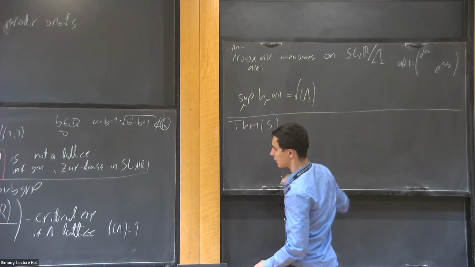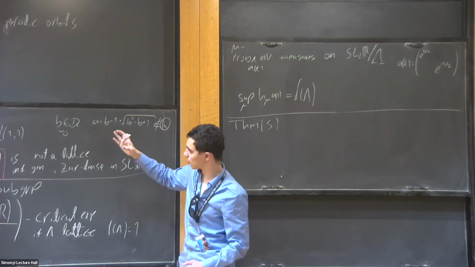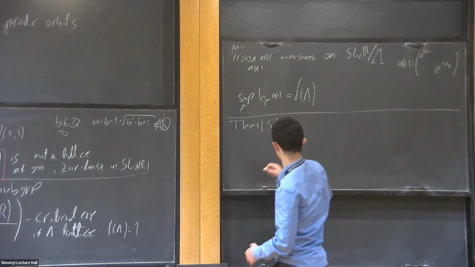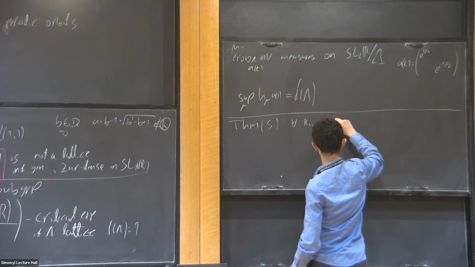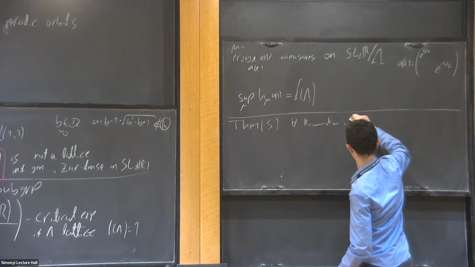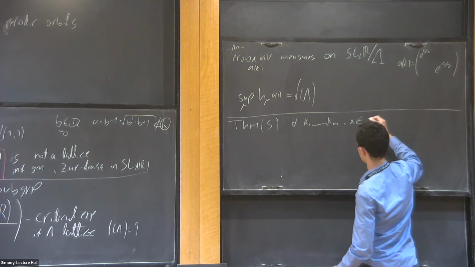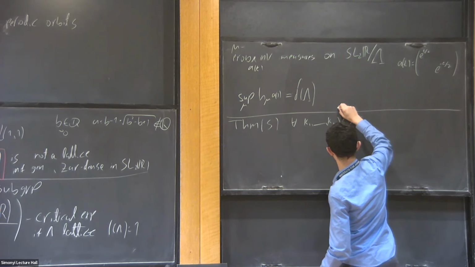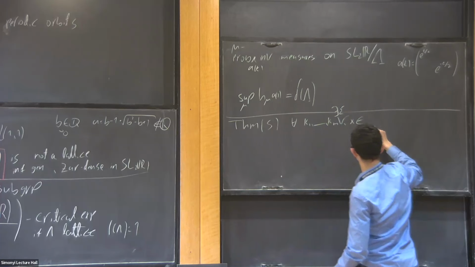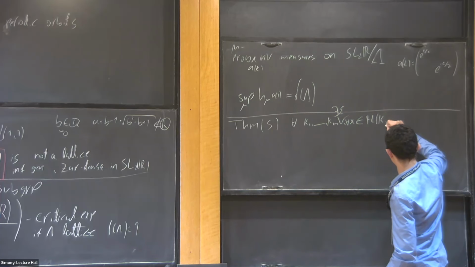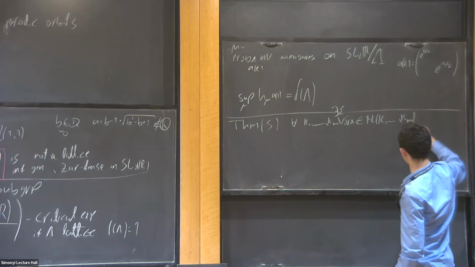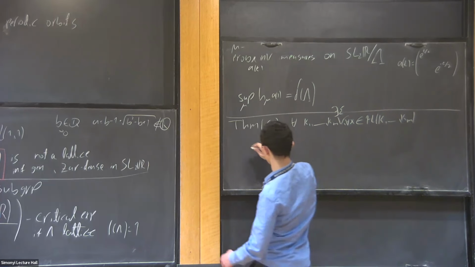The theorem gives a bound on the critical exponent of these points: for every k1 up to km, there exists epsilon so that for every x inside H(k1, ..., km), for any flat orbit, one of the following holds.